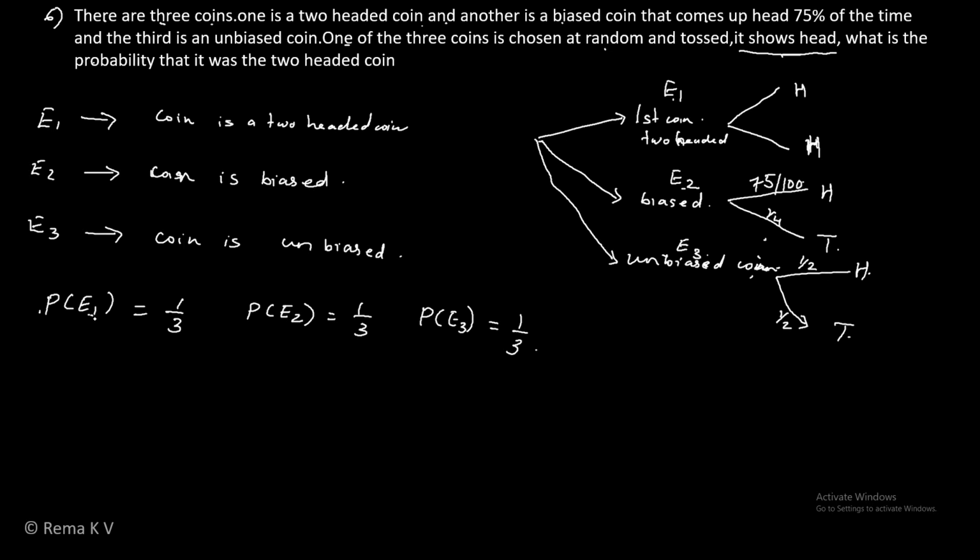See, probability of E1, selecting the first coin, is 1 by 3. Selecting the second coin, its probability is also equal to 1 by 3. Selecting the third coin, the probability is equal to 1 by 3. Now you have to write the event A. What is the event A?